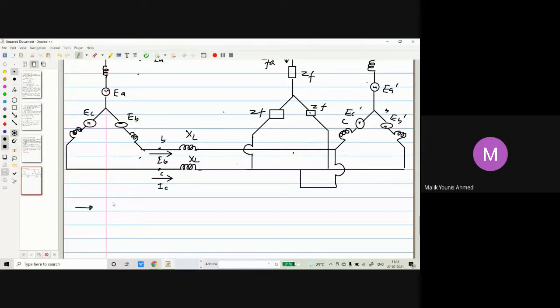Now what we are doing, basically, is making an analysis of the three-phase fault. A three-phase generator is connected to a three-phase motor, which you can see, via what?